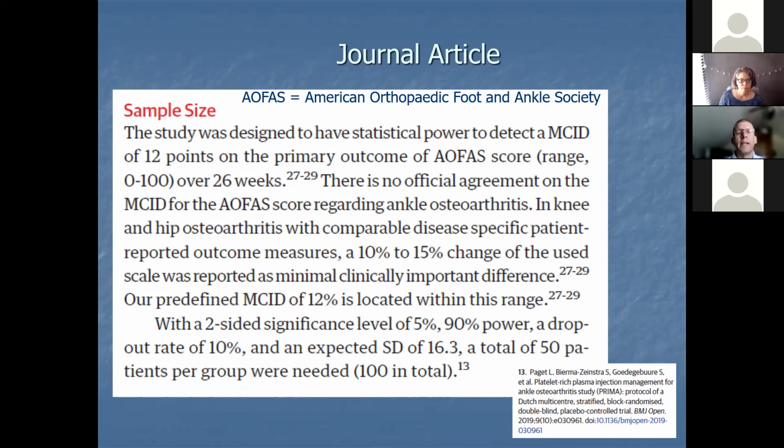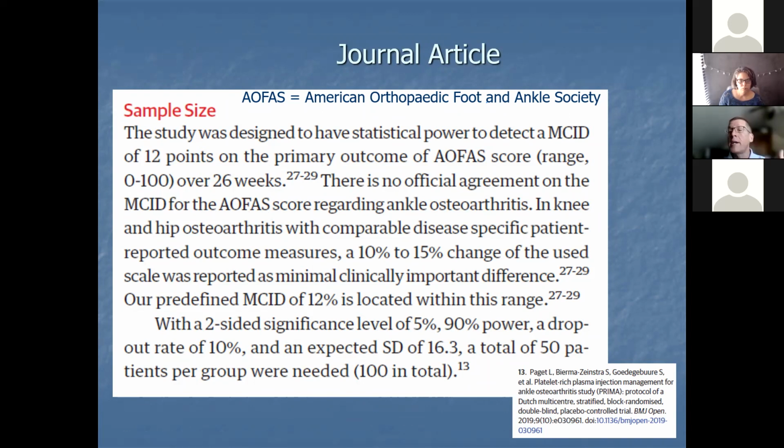Okay, and what we can see here is they say the study was designed to have statistical power to detect an MCID, a minimal clinically important difference, the smallest clinically important difference, and they determined that to be 12 points on their primary outcome score, and you can see what that stands for up here. I think it's expressed as a percentage. It goes from 0 to 100.